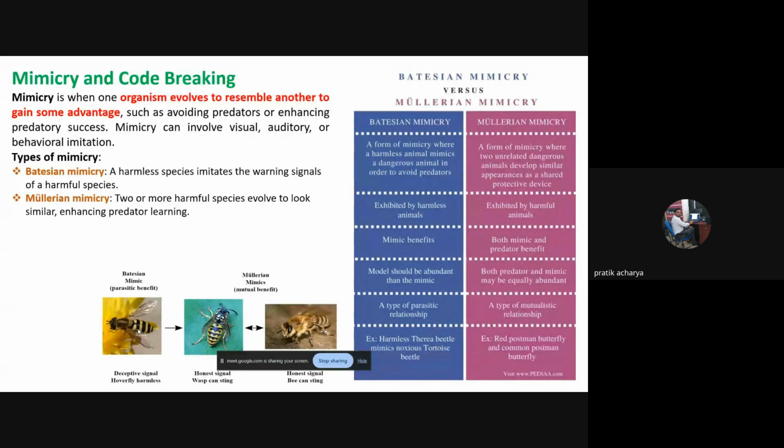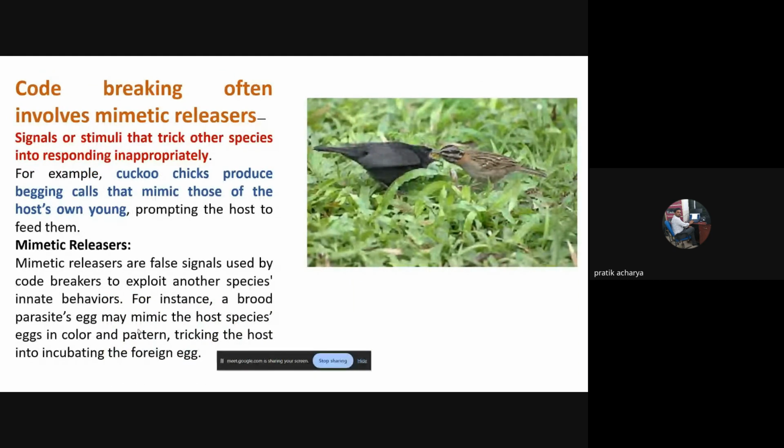Examples are also mentioned. You can cite those examples, or you can cite your own examples. So this is all about mimicry. Code breaking we have already discussed, but here one important term is mimetic releases. Mimetic releases are the false signals used by code breakers to exploit another species' innate behavior.